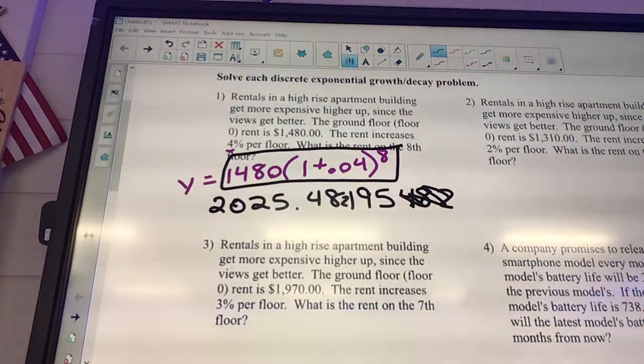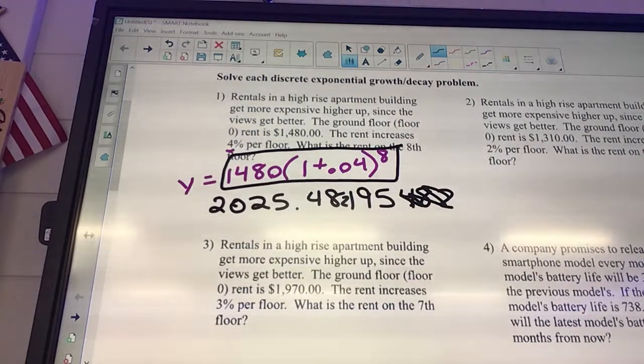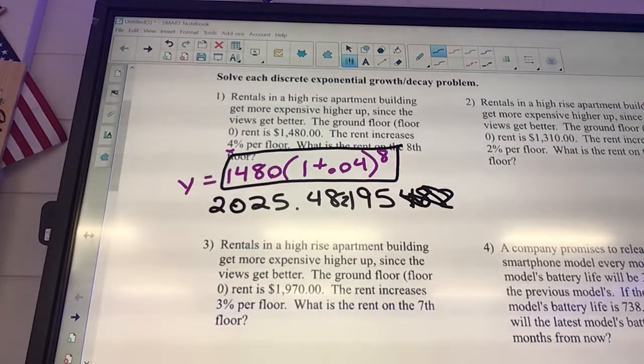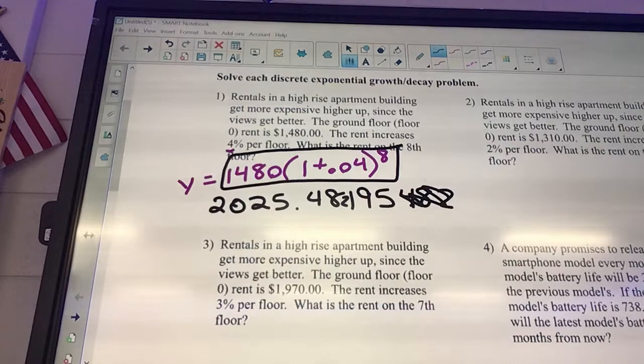Okay, let's talk about what this means. What are we talking in terms of? What are they trying to figure out? How much it costs on the 8th floor. What does cost mean? Total amount. Total amount, okay? We're talking about money. Okay, so because we have to figure out on some of these, do we need the decimal or not? Now when you go get gas, right? You say, I want 10 on pump 4, right?